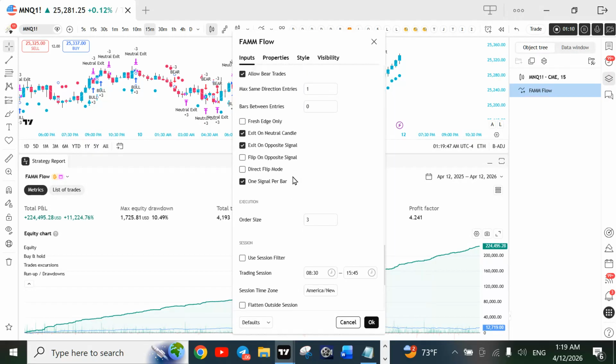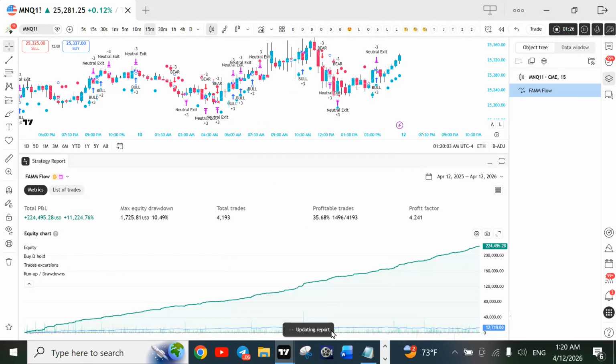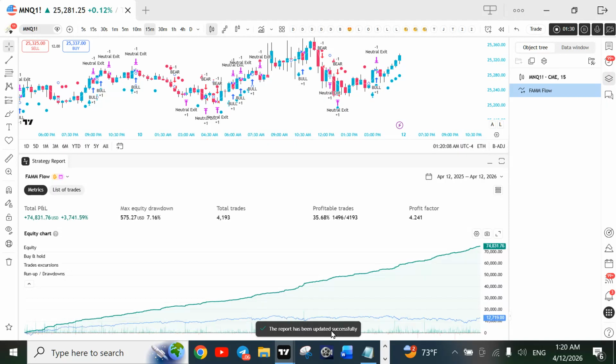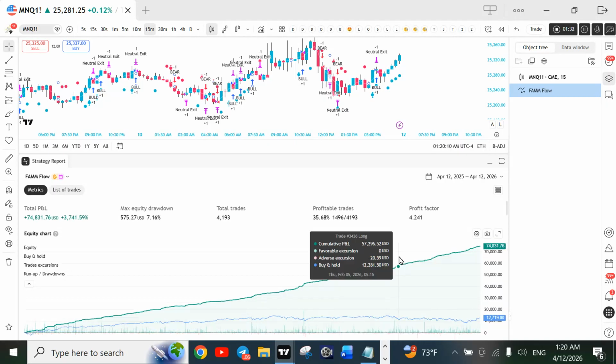So if I go to the inputs, scroll all the way down, you see order size right here. So this order size is really 3. So pay attention to that and make sure that this is the number that you actually want it to be running on. You might want to put that down to a 1 to do your first test and make sure everything is hitting the right way. So that would be good.